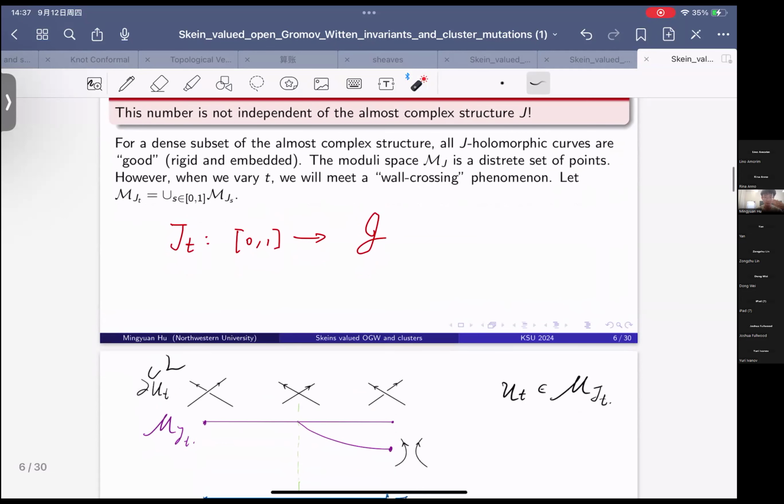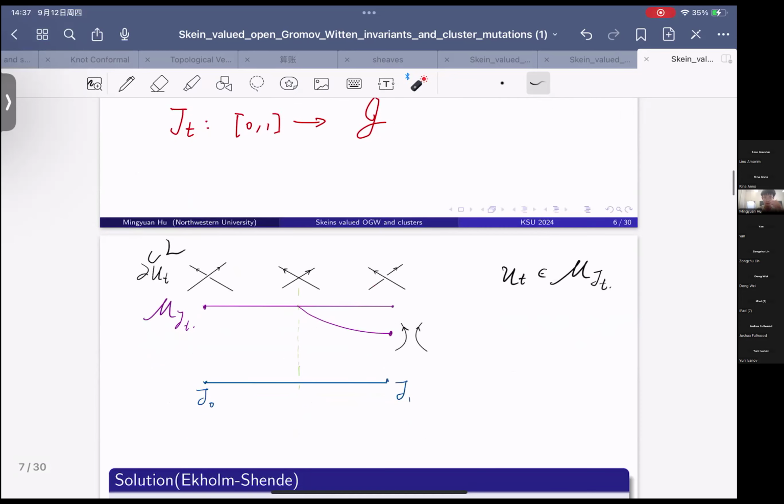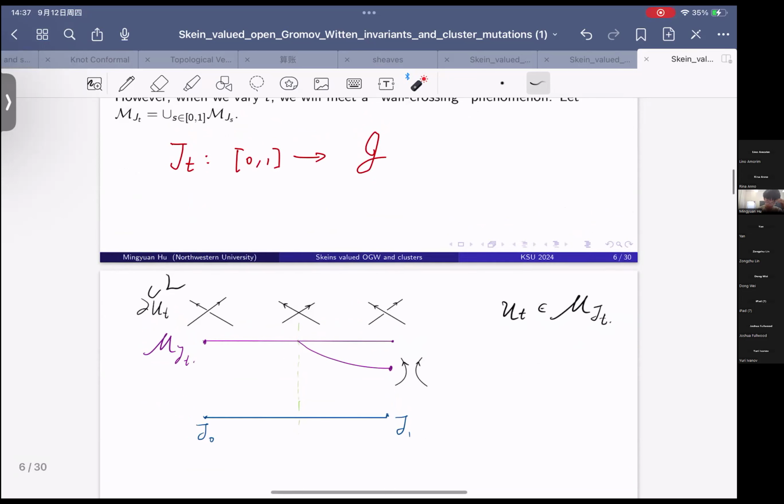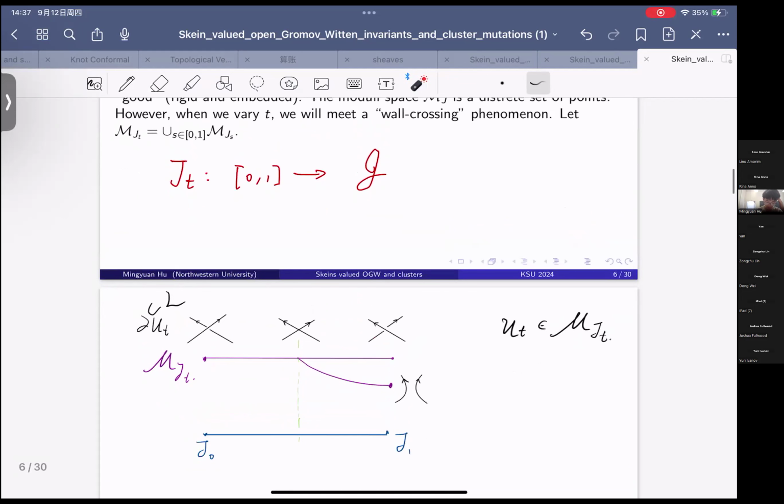However, there are some bad points, and when we change this t, we will cross this wall. Roughly speaking, the picture looks like this. We start with J0 and J1, and if we want to connect them, at some point we will meet some bad J. Let's see how this will happen.